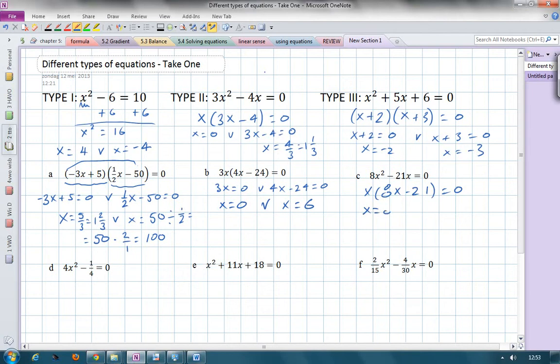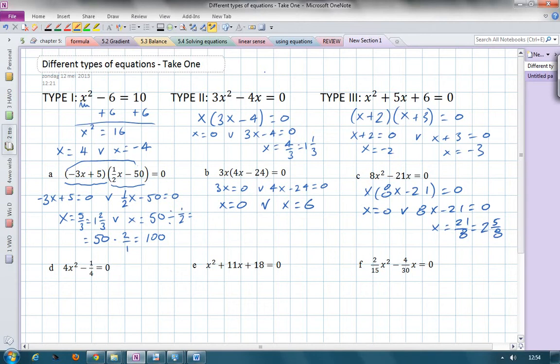That means the x must be 0, or the 8x minus 21 must be 0. And that gives me that x is equal to 21/8, which will then be equal to 2 5/8. Both of these answers are correct. Again, do not turn this into a decimal unless it says round your answer to, etc.